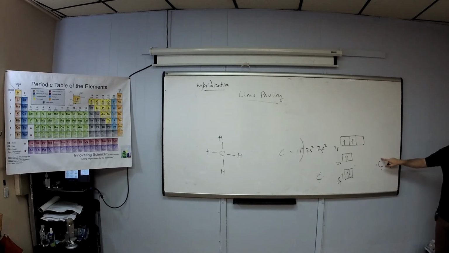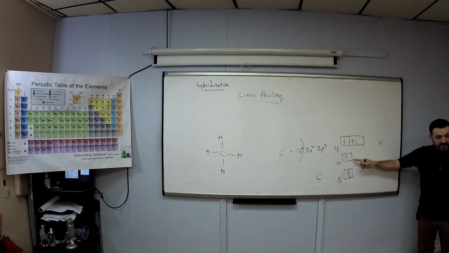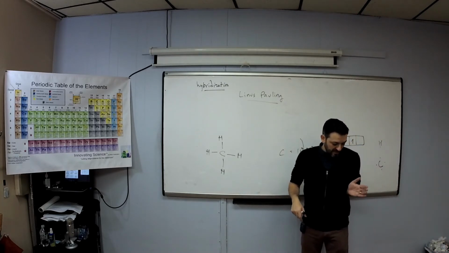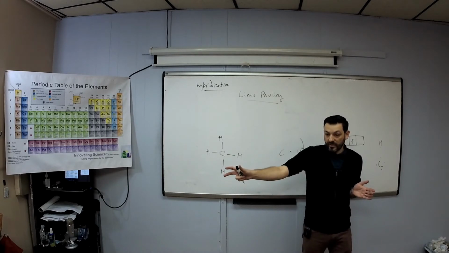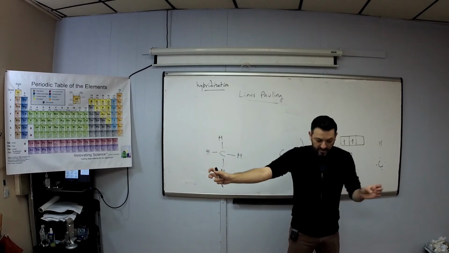And if carbon was going to use a 2p electron to make a bond to a hydrogen, wouldn't it be a different distance than if it used a 2s electron to make a bond to the hydrogen? Look, I'm carbon, and I have a 2s electron that's close to my nucleus, and I have a 2p electron that's further from my nucleus. And if I grab a hydrogen this way and I grab a hydrogen this way, how could they be the same lengths?